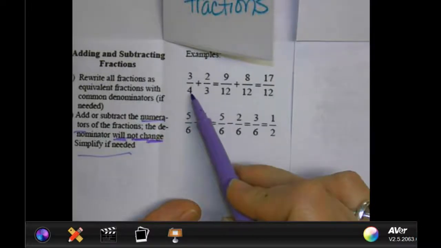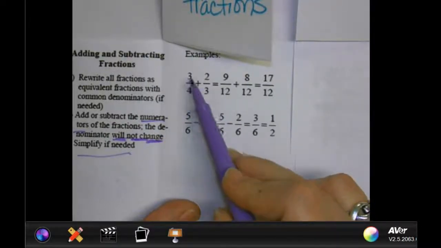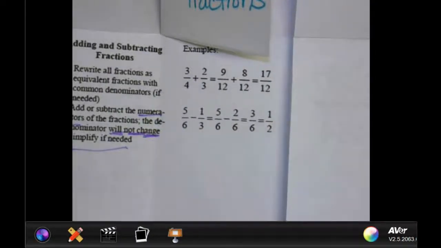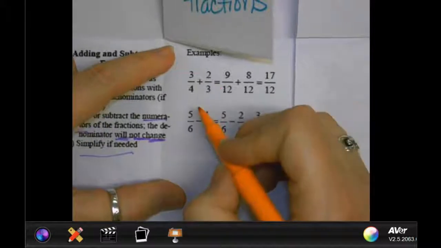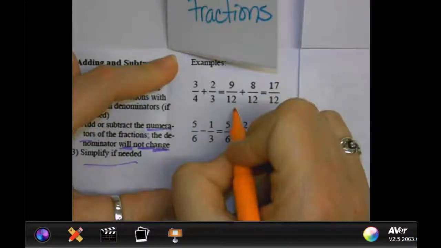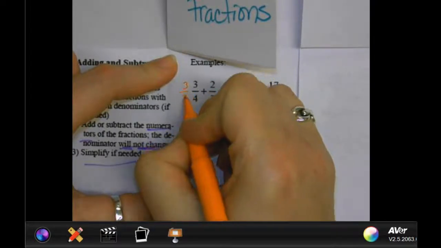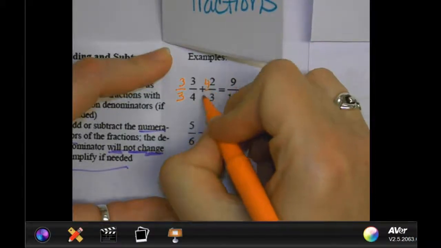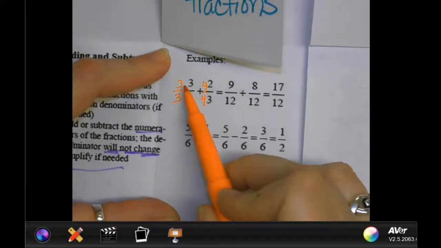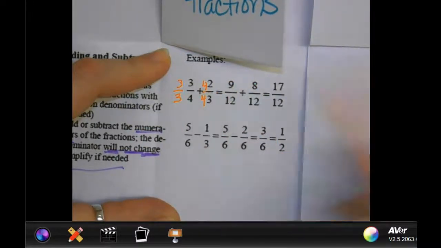When I click remove, I decide with my 3 and my 4. I'm not adding those to get 7 anymore, and I'm not multiplying straight across. You need to decide about the lowest common denominator that you can get, which is 12. Since our denominators are 4 and 3, and 12 is my goal, I have to multiply this one by 3 and this one by 4. 4 times 3 is 9 and 4 times 2 is 8, and you get 12 in the denominator.